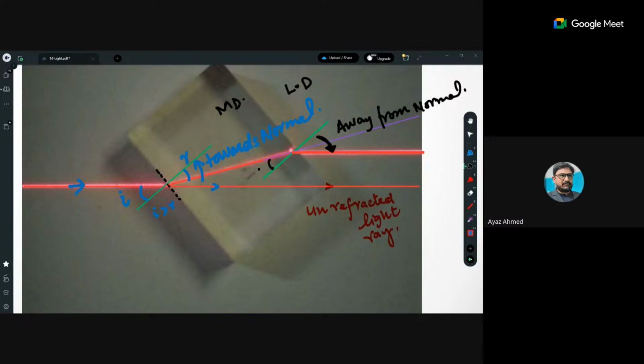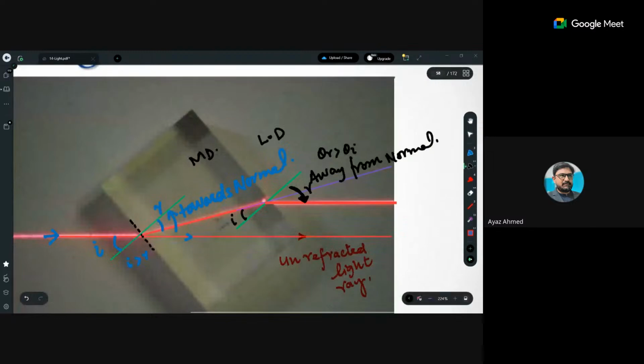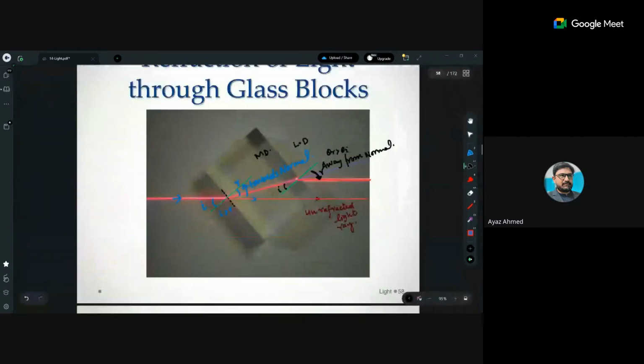And now if here is I and here is R, isn't it again clear that in this case your theta R is appearing greater than theta I? So this is what I have explained in your previous slide.